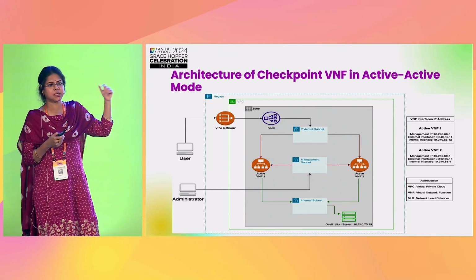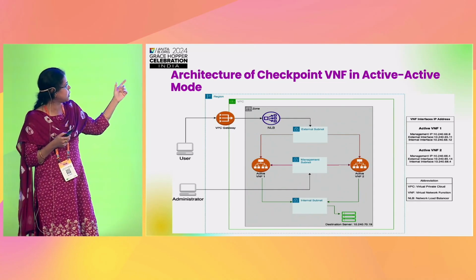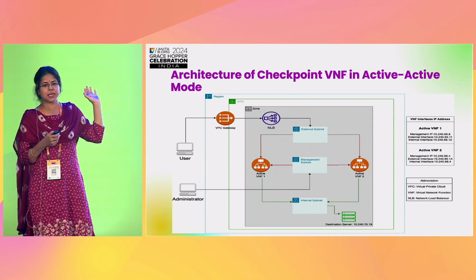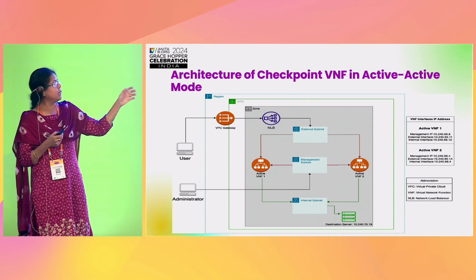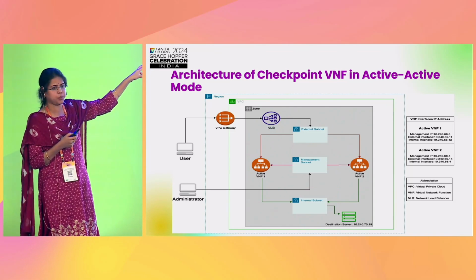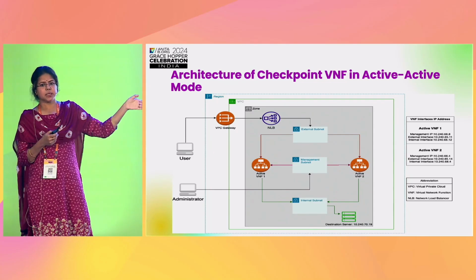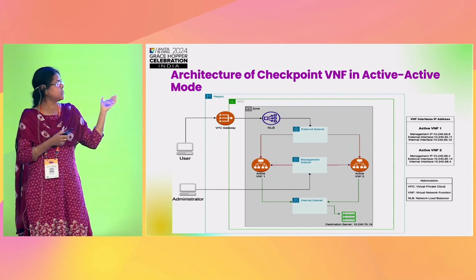I am using CentOS as the base OS, and with that I am spinning up two VNFs and also configuring the VNFs. Basically it's a cluster, and I am configuring it in an active mode. You also see that there is an NLB, network load balancer, that is connecting the traffic between the VNFs, and it will route to one of the VNFs in a round robin fashion. That is how it works.